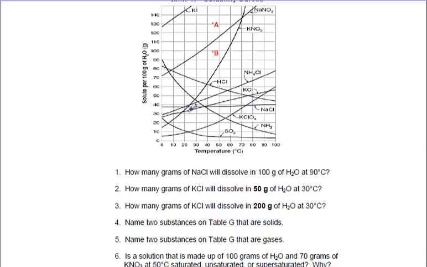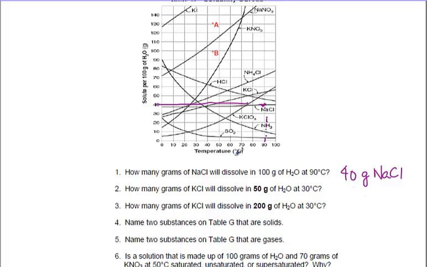It's almost like a straight line. We want to know at 90 degrees, so I go to 90 degrees and go up to sodium chloride, and I see that it's basically on the line. I extrapolate it over, and I would say it's exactly at 40. So we're going to say 40 grams of sodium chloride will dissolve in 100 grams of water at 90 degrees Celsius.